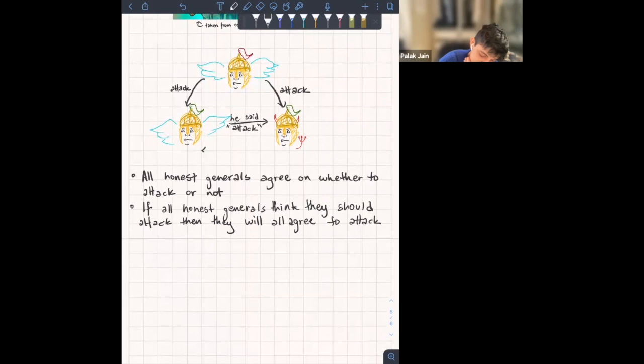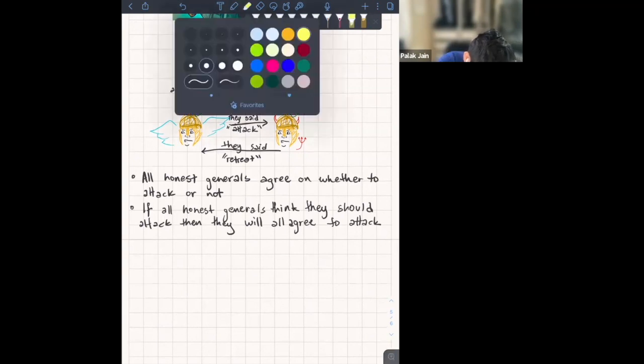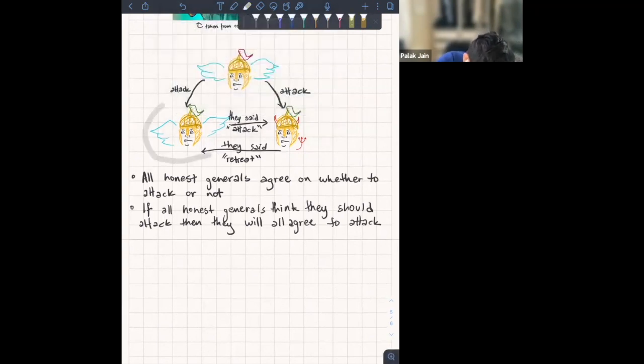And the right general is actually malicious. So they're gonna respond and they're gonna say, they said retreat. Right? And so now this party right here that we had highlighted a minute ago is in a conundrum as to whether they should attack or they should retreat.